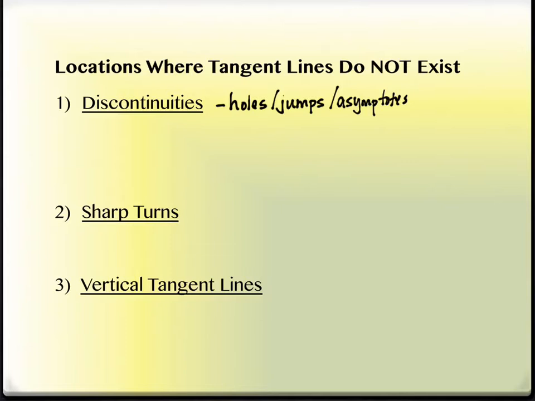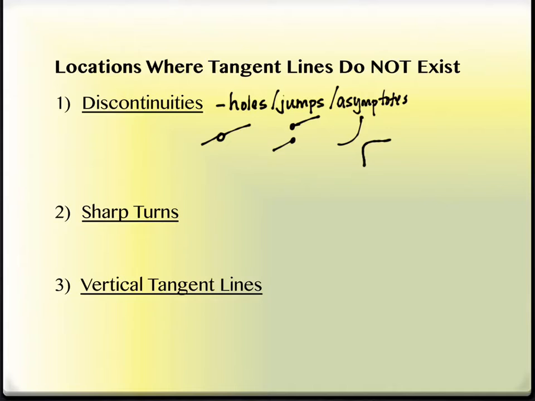So if you have things that look like that, or like this, or like this, then at those locations where that specific feature exists, the derivative does not exist.